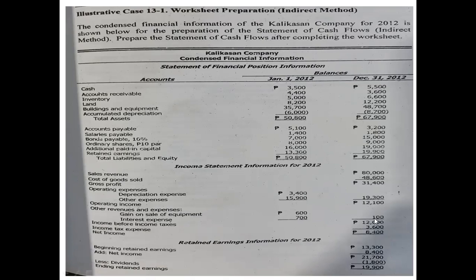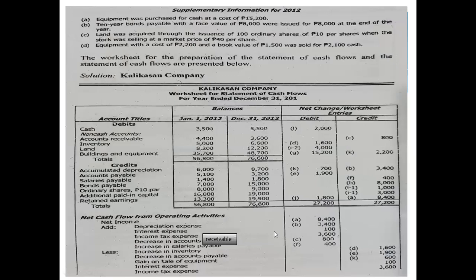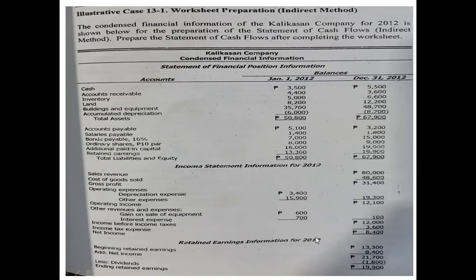It's an expense because the interest, 700, is greater than the sale on equipment. So 100, that's an income tax expense. And then decrease in accounts receivable, 3,600.